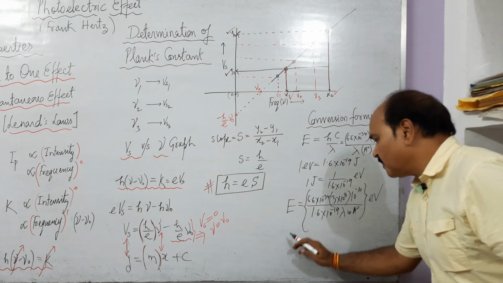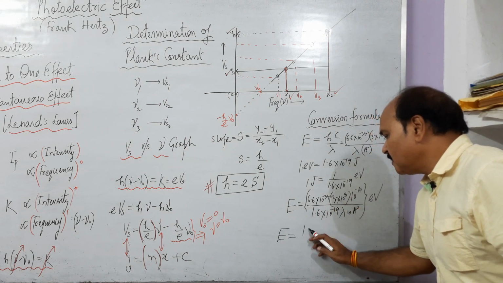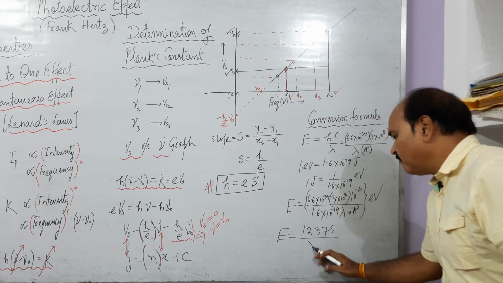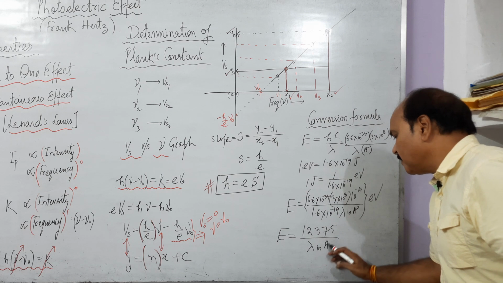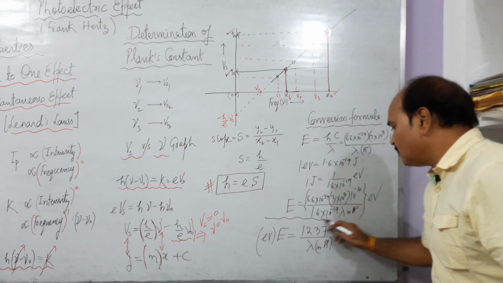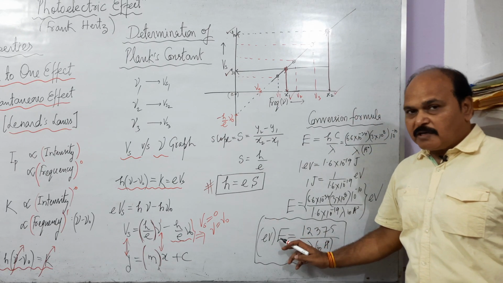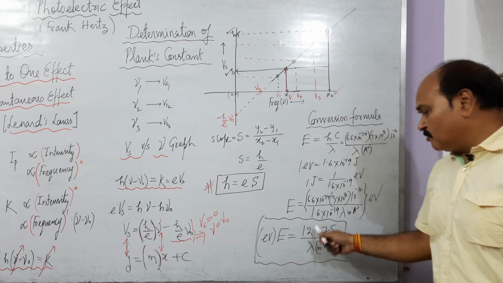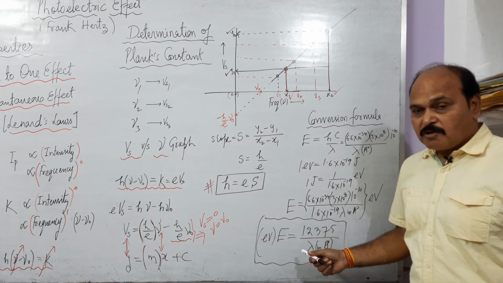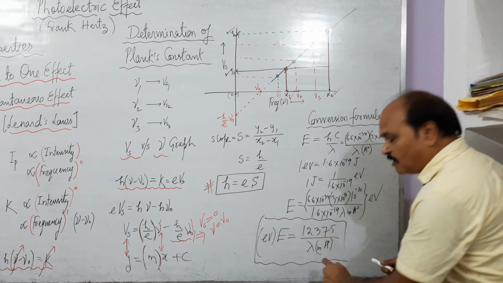If we solve this, what do we get? E is equal to 12375 upon wavelength in angstrom. Remember, energy is in electron volt. So the energy of a photon in electron volt is equal to 12375 upon the wavelength in angstrom, or the wavelength in angstrom is 12375 upon the energy in electron volt.